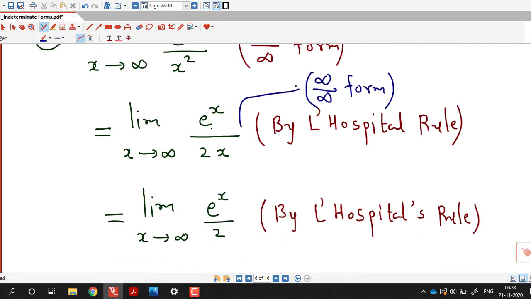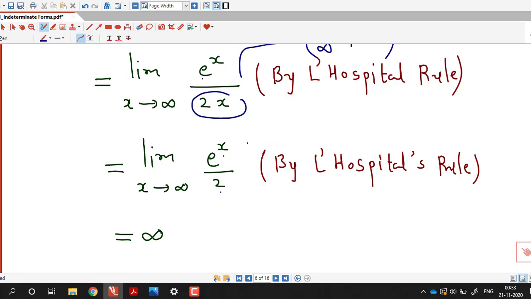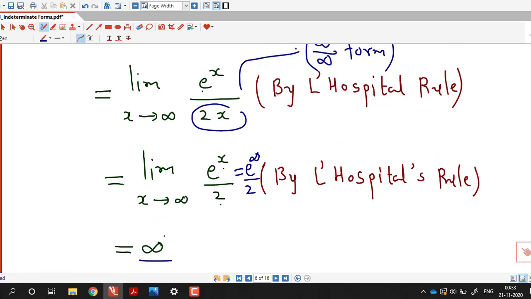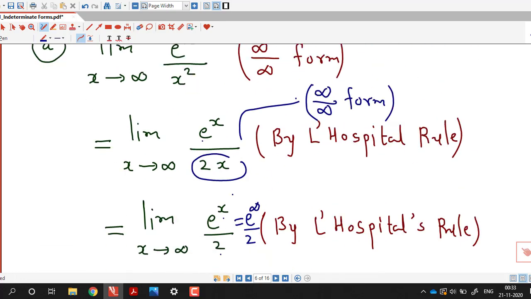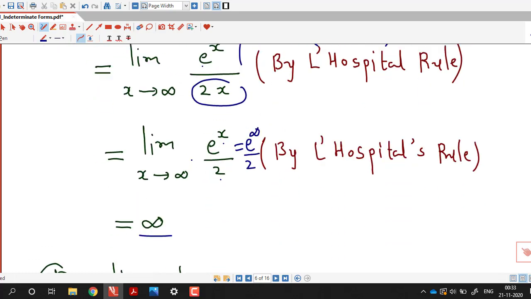So if we differentiate, derivative of e raised to x is e raised to x, derivative of 2x is 2, and if we put x equal to infinity, then it is going to be e raised to infinity over 2, but e raised to infinity is infinity, so we obtain infinity. So the limit value of this limit is infinite. That means when x is going near to infinity, e raised to x upon x square is also going near to infinity.